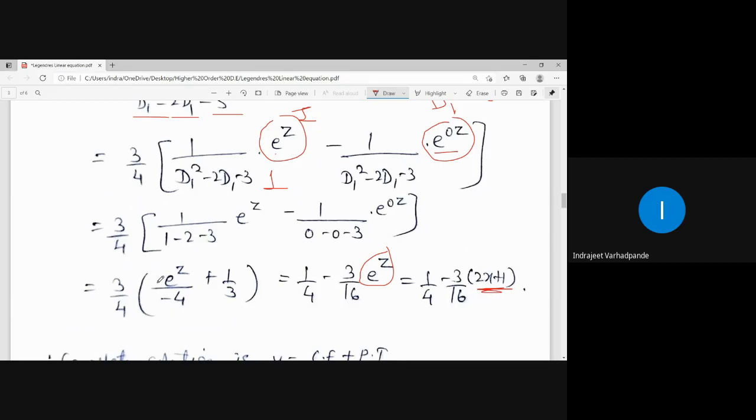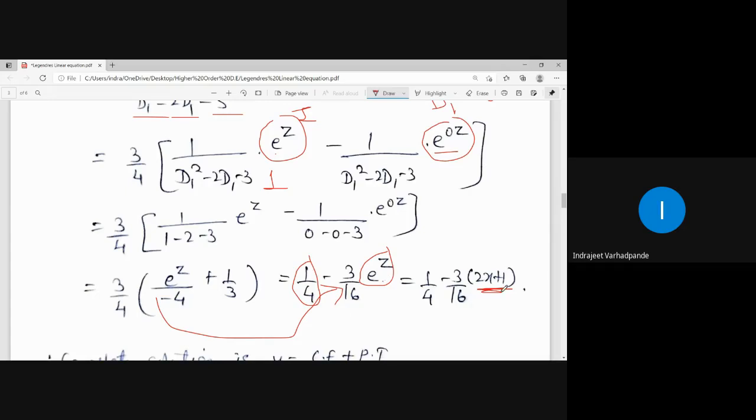So 3 by 4 into e to the power z upon minus 4 plus 1 by 3. 3 by 4 into 1 by 3 will become 1 by 4. Positive term is to be written first, negative term is written second: 3 by 16 e to the power z.